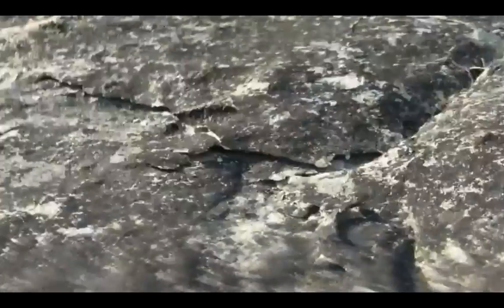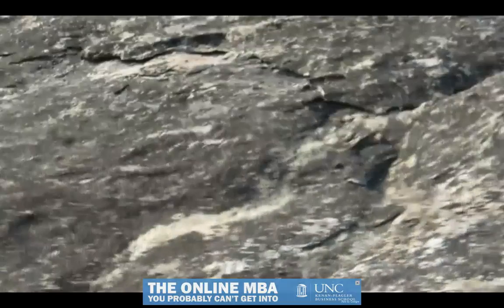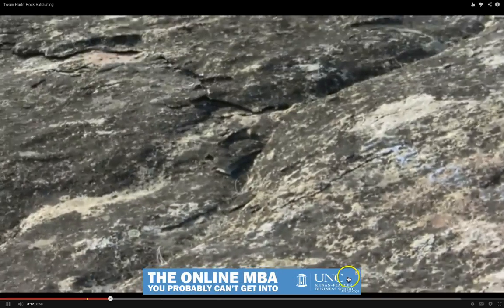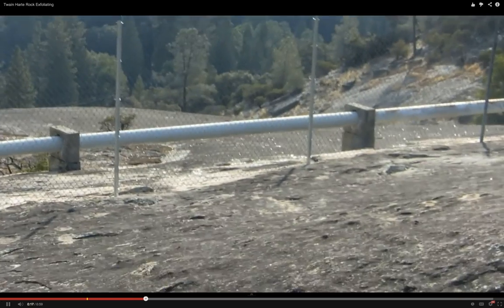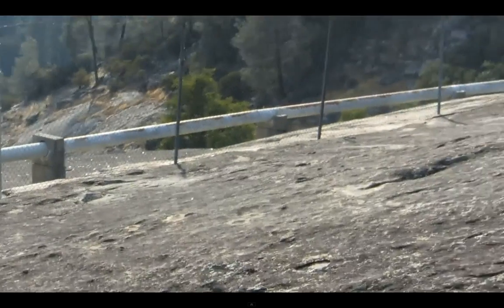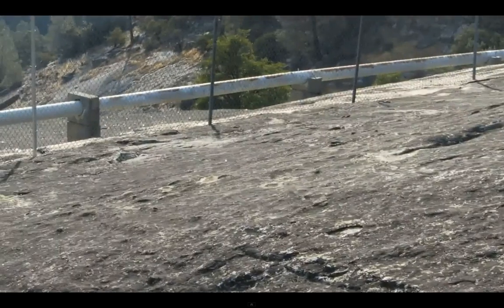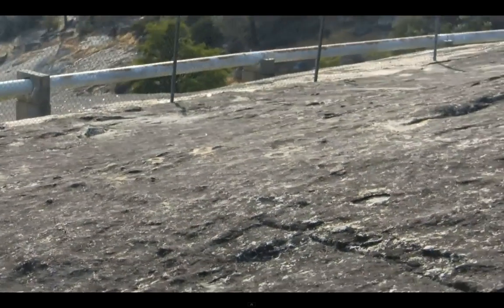Ho, ho, ho. Ho, ho, ho. Oh. All the way down. This whole seam now is active again. Lots of activity down below. It's still lifting.